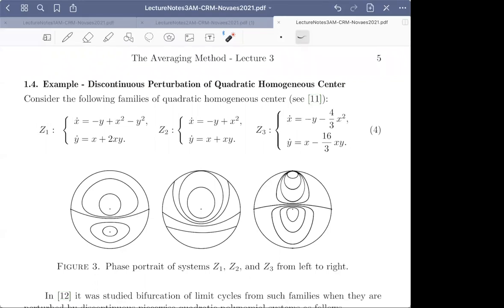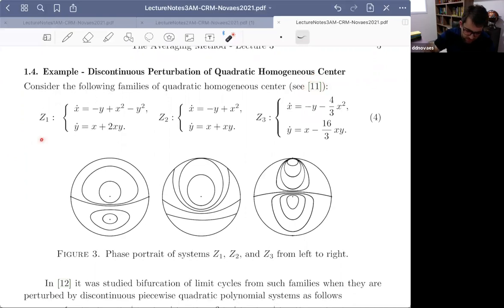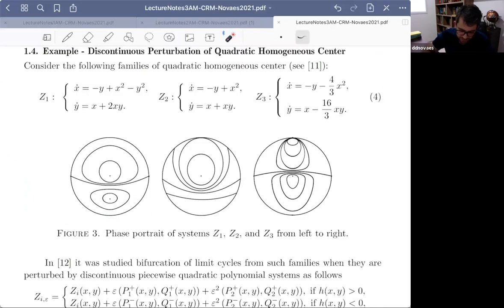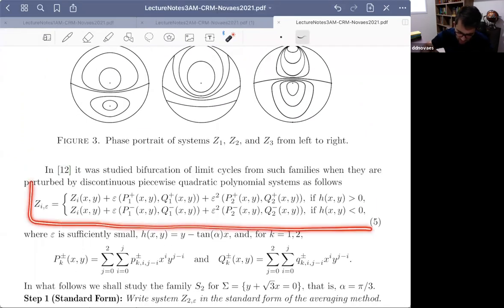Okay, so before the break, let me just comment on this example. In 11, we studied these three families of quadratic homogeneous centers, and we wanted to detect the bifurcation of limit cycles using the averaging theory of first and second order. So we perturbed these families of quadratic homogeneous systems into this family of systems.